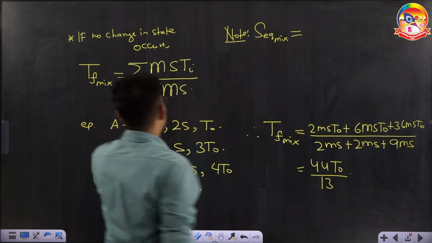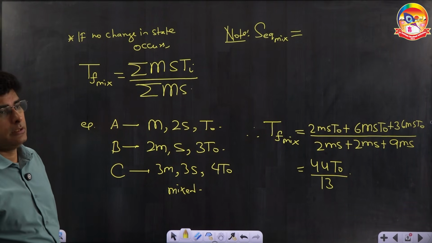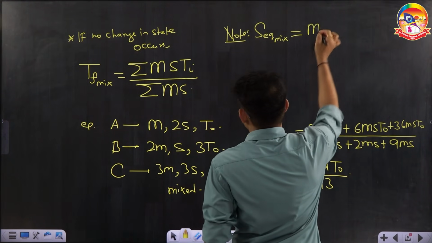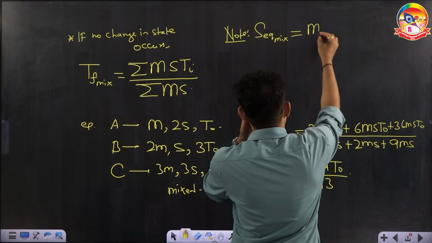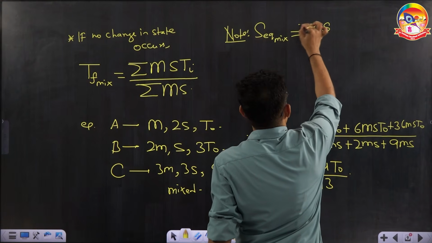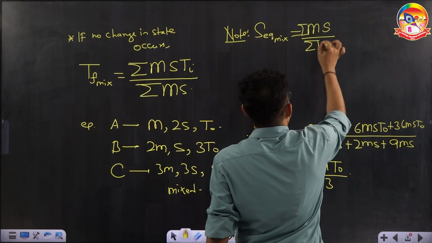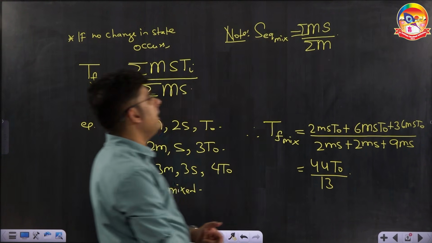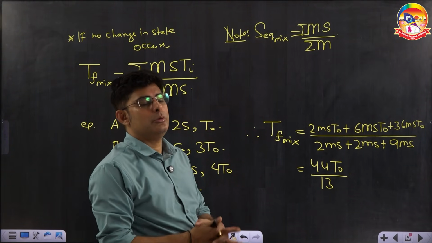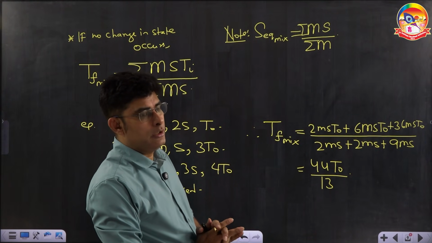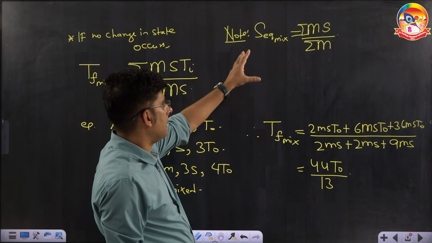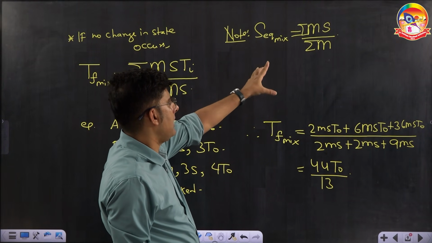If they ask you equivalent specific heat of the mixture, in that case directly go by summation MS by summation M. If they give you two or more substances being mixed, you can use summation MS by summation M.